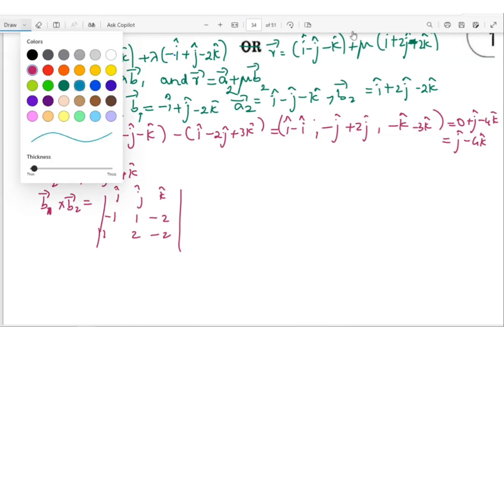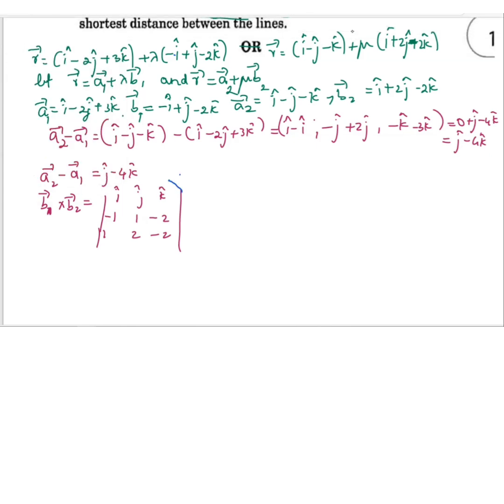Simplifying this, with signs plus, minus, plus: for i cap, cross multiplying, we get minus 2 minus of minus 4. For j, leave that row and column: minus 2 minus of minus 2.